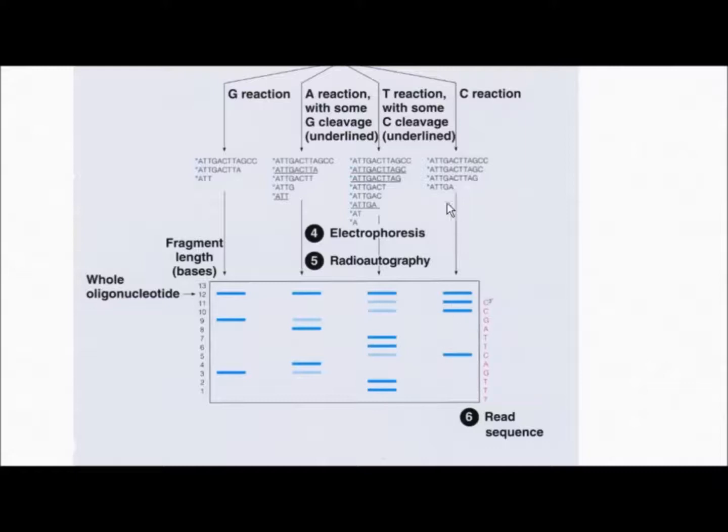Similarly here, if you see this is the smallest fragment, ATTGA, then you know that that's the fragment that takes place when you cut at the C. So you know that you can put an AT and then an ATTGA, but then here you have an ATT.